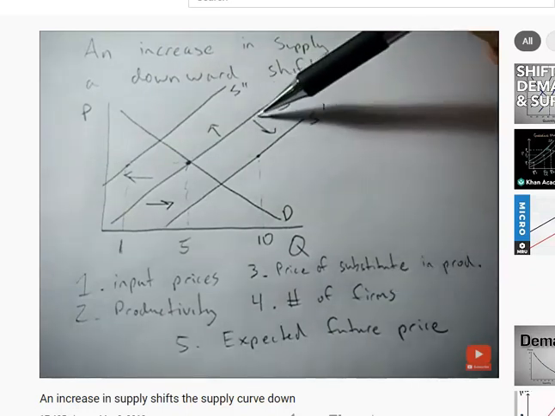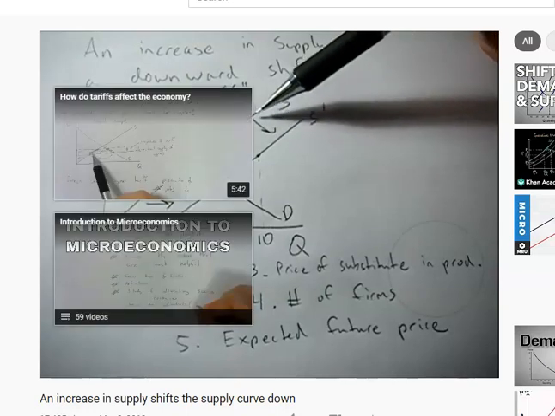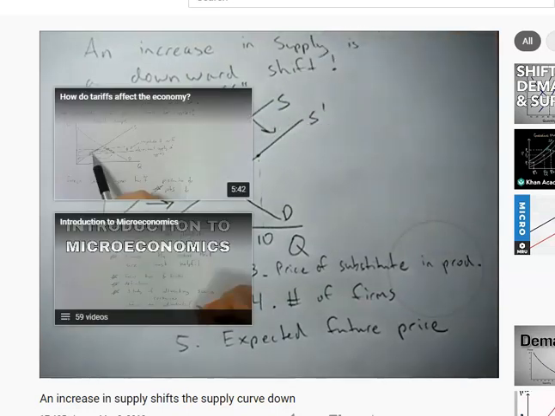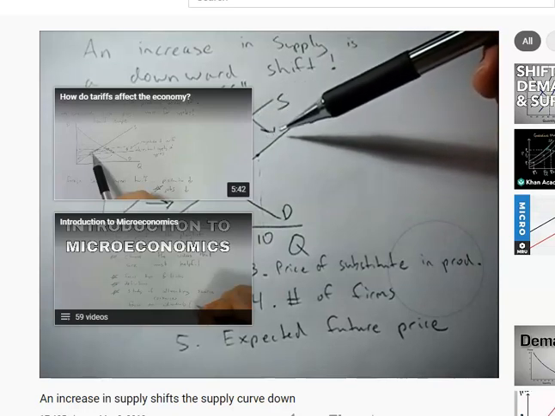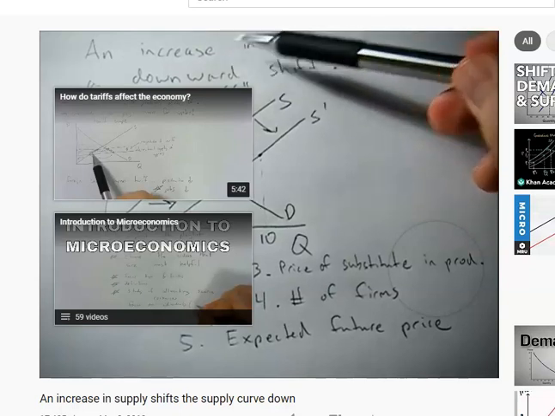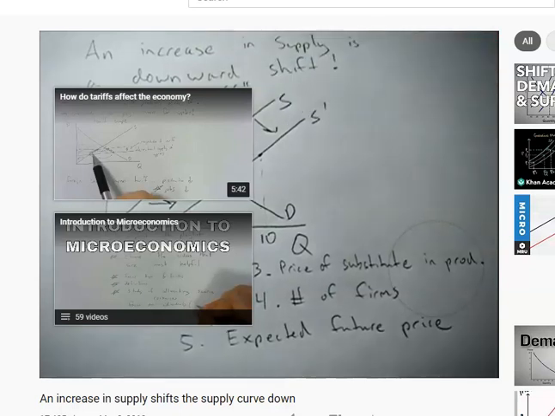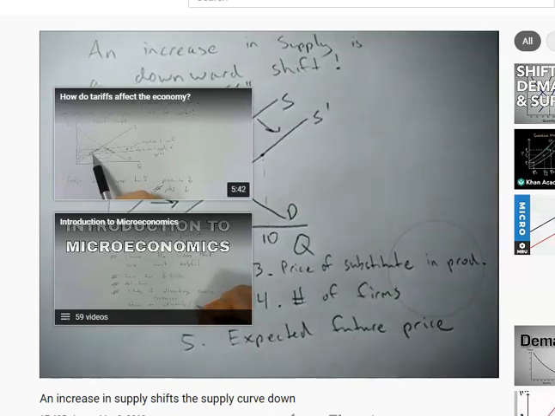The number of firms could increase, which would increase supply, and the expected future price could drop, which would also increase supply because they'd want to sell those goods now at the higher price. So remember which direction the supply curve shifts. It's kind of counterintuitive. An increase in supply is a downward shift, and likewise, a decrease in supply is an upward shift.